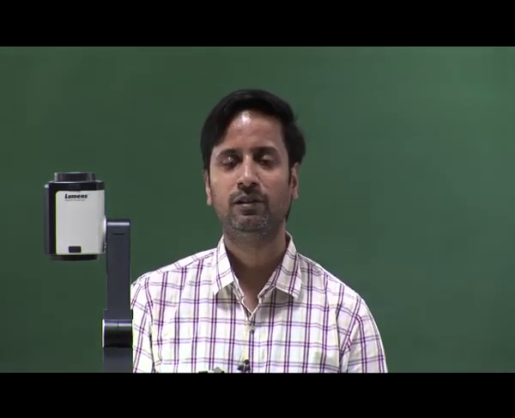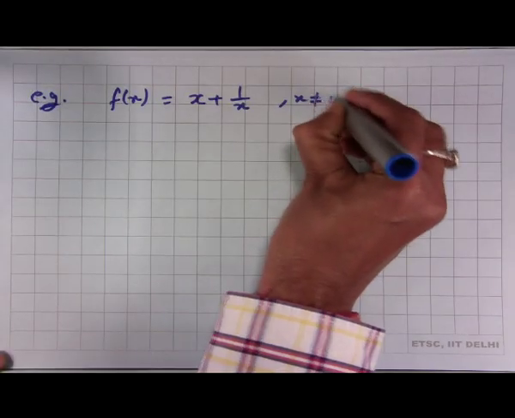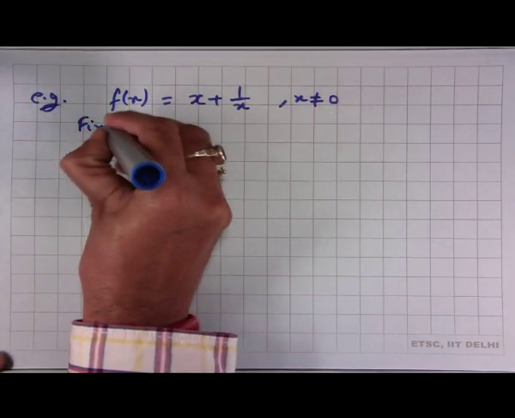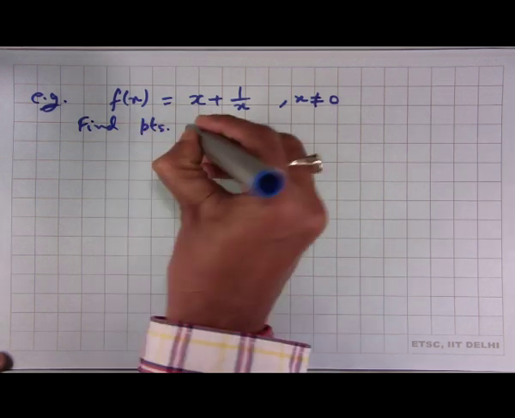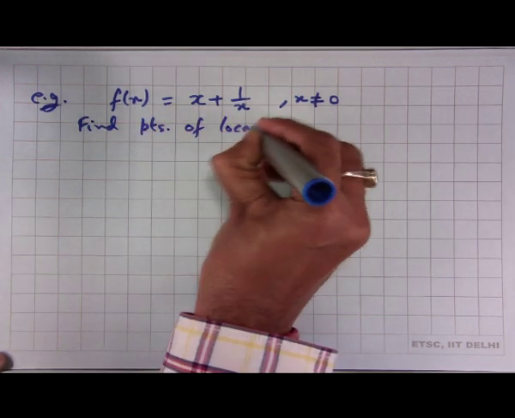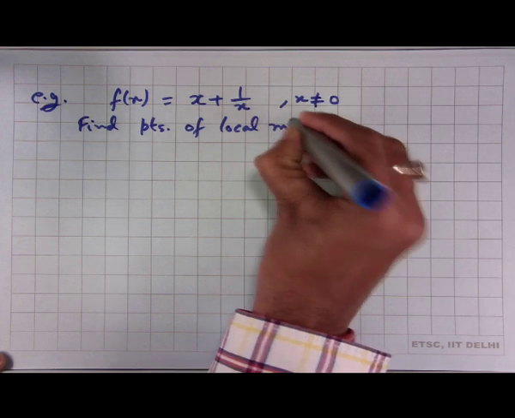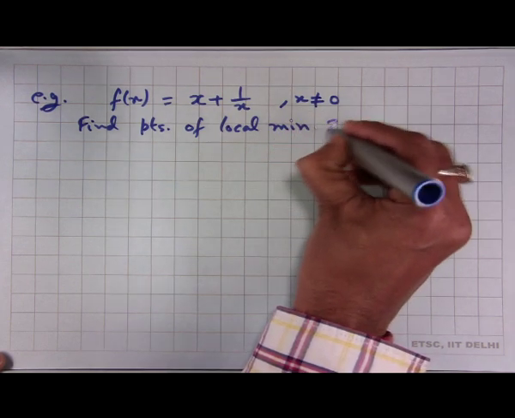Okay, so, the next one I will show you the example that we have considered before. So, consider f of x equal to x plus 1 by x, x not equal to 0. Find points of local minima and local maxima.